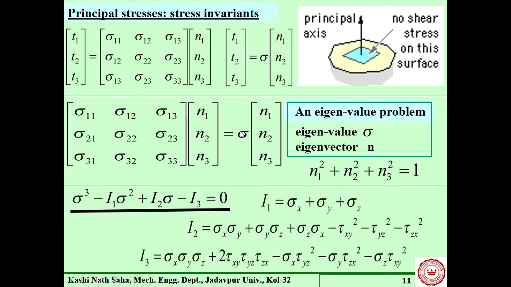So corresponding to that sigma value, which is one of the principal stress values, we have a particular N1, N2 and N3. So if we use this particular direction cosines value corresponding to a principal stress value, this particular equation will get converted into this.